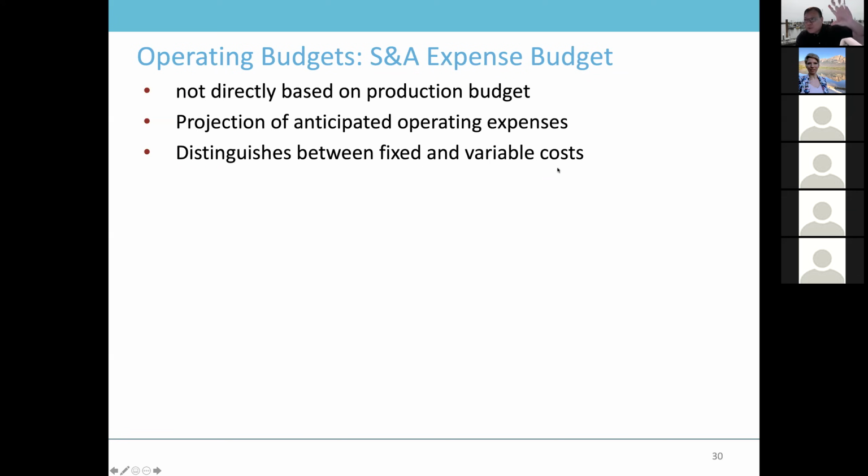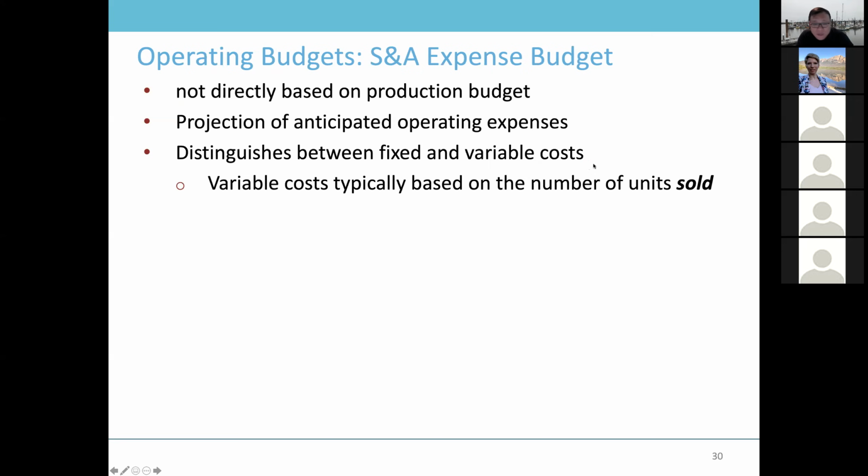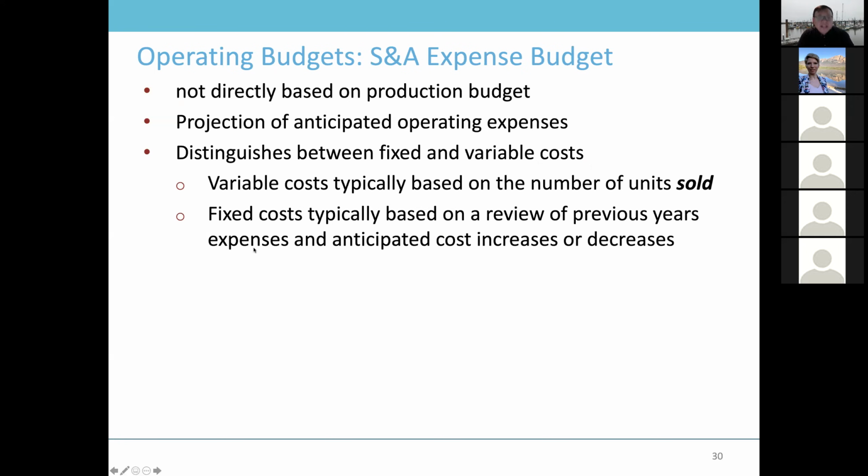Again, there are 2 parts, variable versus fixed, okay? The variable cost is typically based on the number of units sold. So this would be related to the sales budget, the number of units sold. And the fixed cost is based on your experience, right?